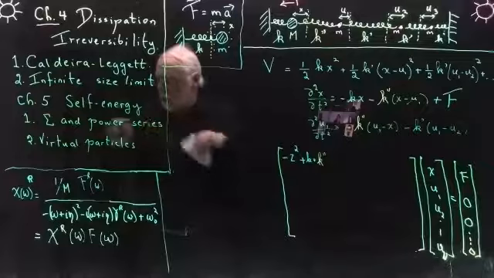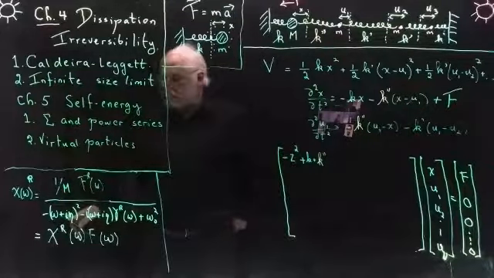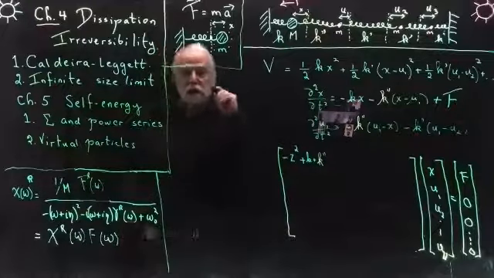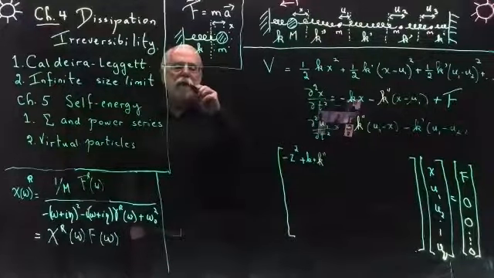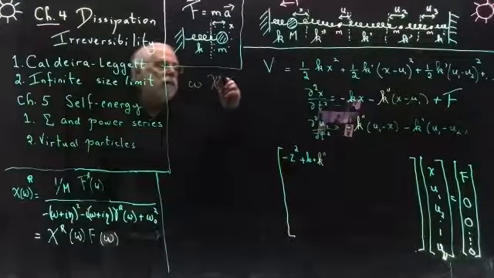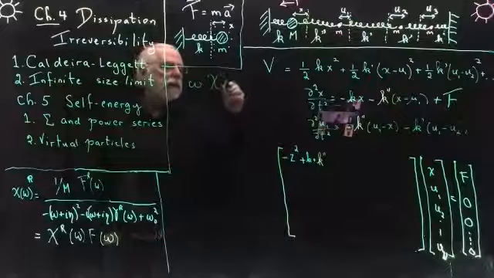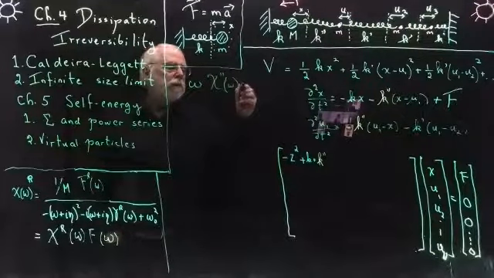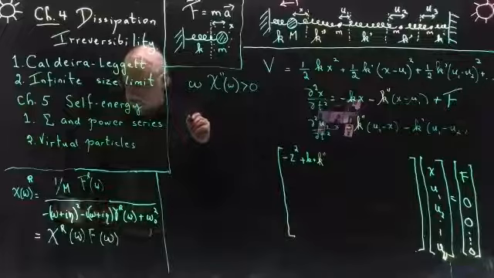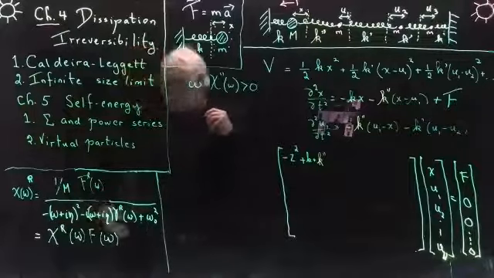Okay. Now, what are the properties of this function? I have not done the derivation, but I hope you have looked at it. There's omega times the chi double prime of omega is positive. So that's a way to have a positive dissipation. The other thing is that the poles of this function are the collective modes.